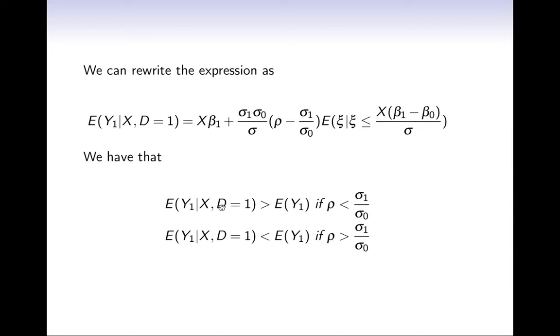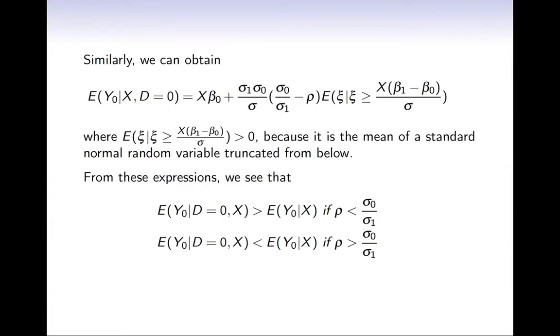Okay, and so this first case is called positive selection, because with selection, the earnings are higher than they would be otherwise. Similarly, we can do the same sort of operations for the fisherman equation and also derive conditions under which you get either positive, here I remembered the conditional on X, so you either get positive selection or negative selection.